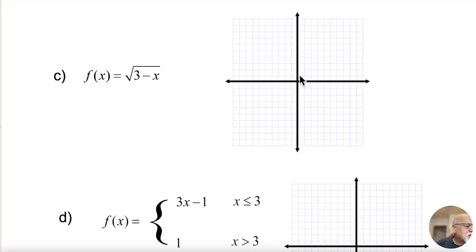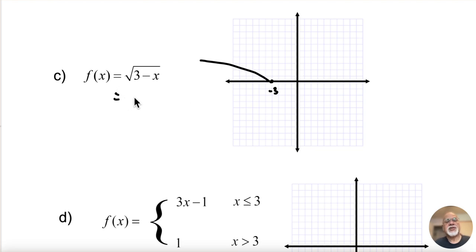So it goes negative 3, that would be right here, and going like that. And so x can be negative 3, because 3 minus negative 3 would be 6, and I can take its square root. Oh, I've got this going the wrong way around. Or do I?